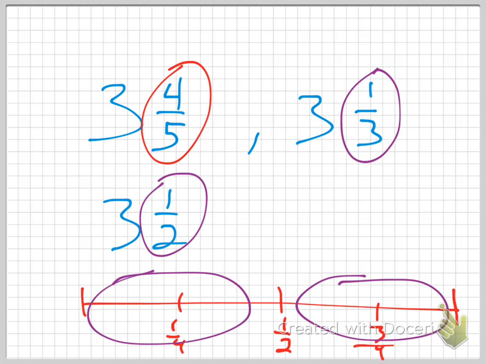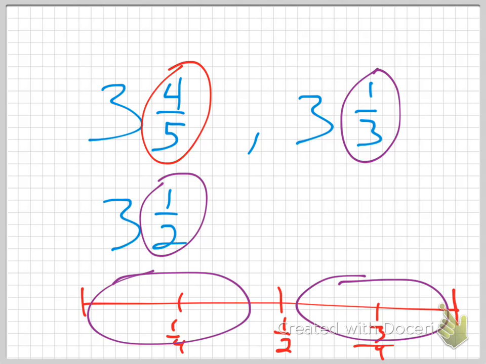So then, since we know that one of these is less than a half, and one of them is a half, and one of them is bigger than a half, can we order them from smallest to biggest? Just by looking at them and placing them in your head approximately where they might go compared to a half, you've got it. Does that make sense? Yes.